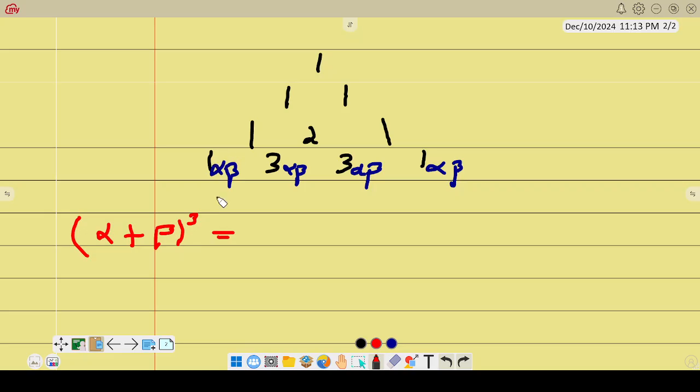So remember the powers of A will start from 3, 2, 1, then 0. At the far end there is not going to be alpha because it will be power 0, and anything power 0 is 1.